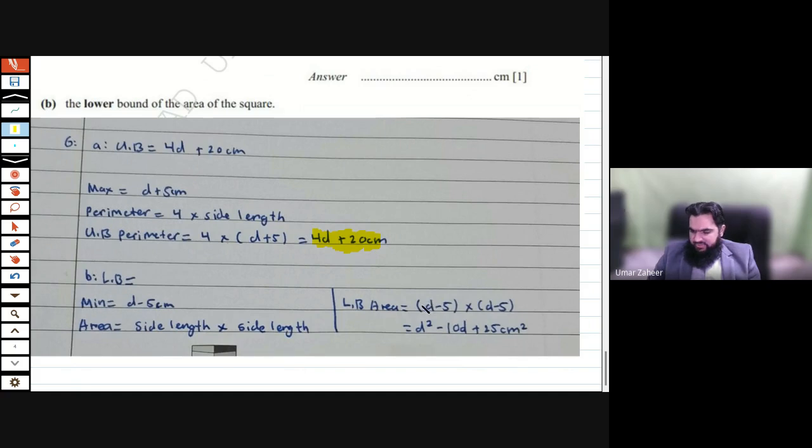All right, if you want to expand that, you can. Otherwise, this is the final answer. You are going to expand that, that's good. Otherwise, this is the final answer as well. All right, both are correct.